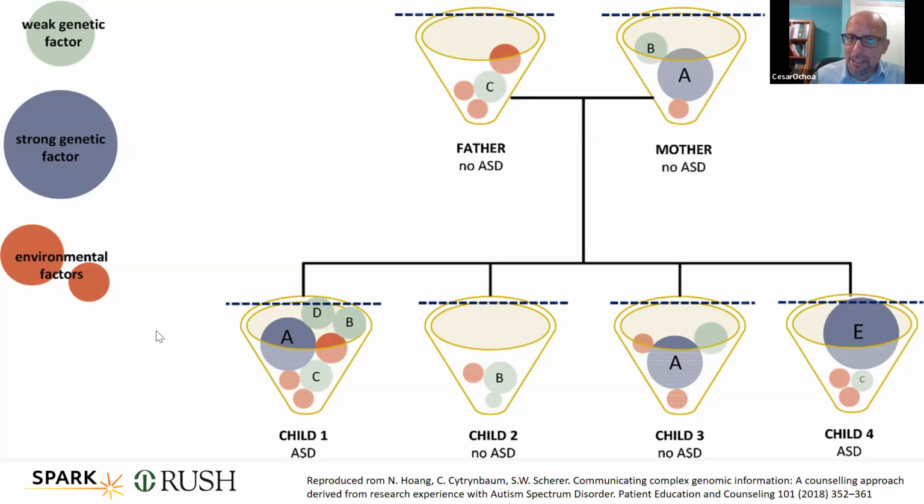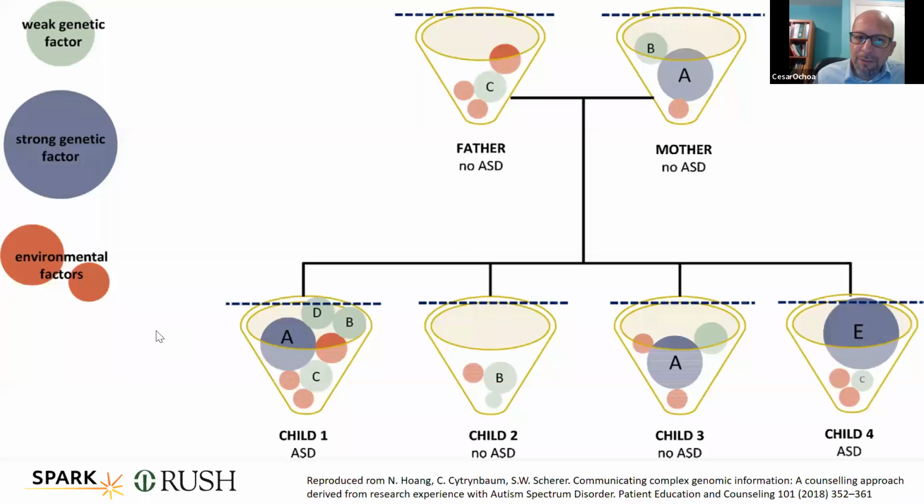But then mom has this A gene, which is a rare gene that gives more risk than the common variants. So she's kind of a carrier of that, but it's not big enough that she got autism, but she's carrying this risk for autism.